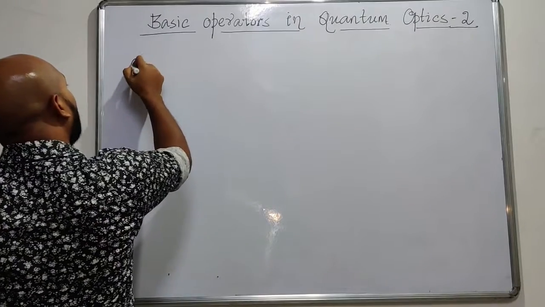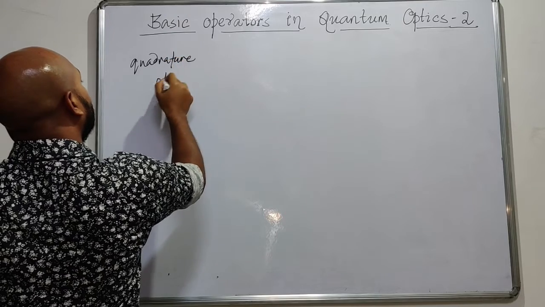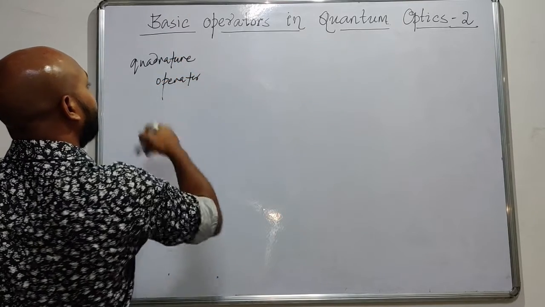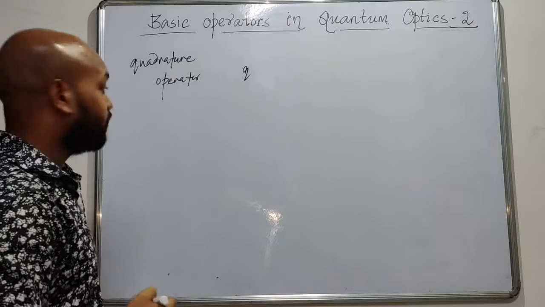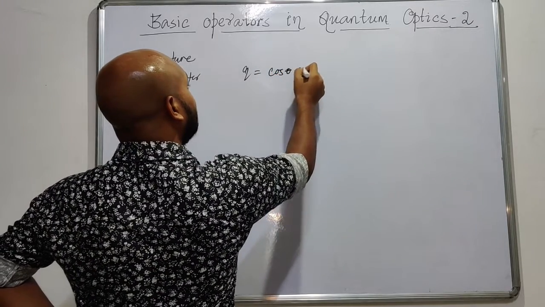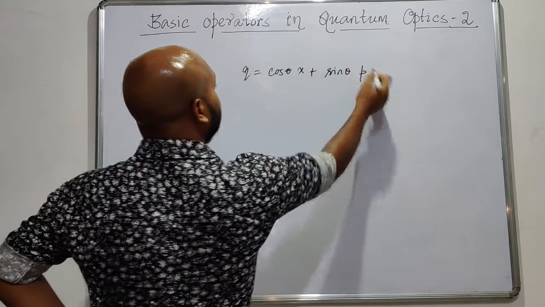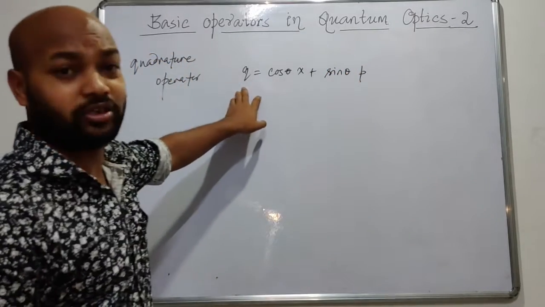So the quadrature operator, which I denote by this q hat, can be written as cos theta times x plus sin theta times p. And from now onwards I would not be putting the hat always.